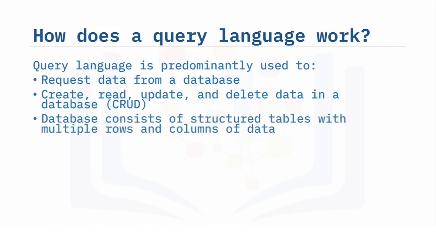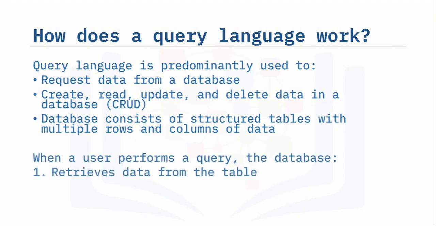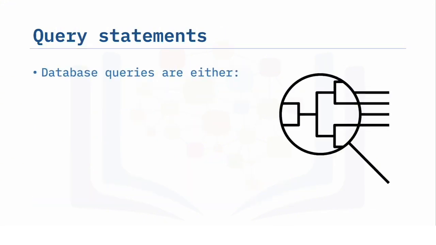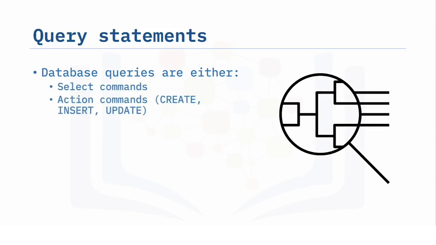A database typically consists of structured tables made up of multiple rows and columns of data. When a user performs a query, the database retrieves the data from the relevant rows and columns in the table and arranges it into some sort of order ready to be returned and presented in the query results. Database queries are either a select command or an action command such as create, insert, update, or a mixture of both.